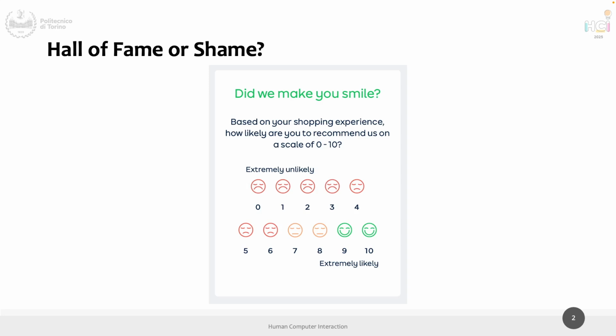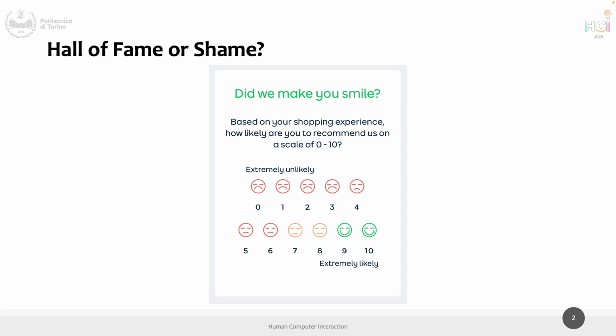So this is called, well, you will see this when we talk about design patterns, a deceptive pattern, also known as a dark pattern, because it gives you a nudge towards replying on the green, on the 9 and 10, as if only 9 and 10 are positive scores, but in a number, also 6 is quite likely.